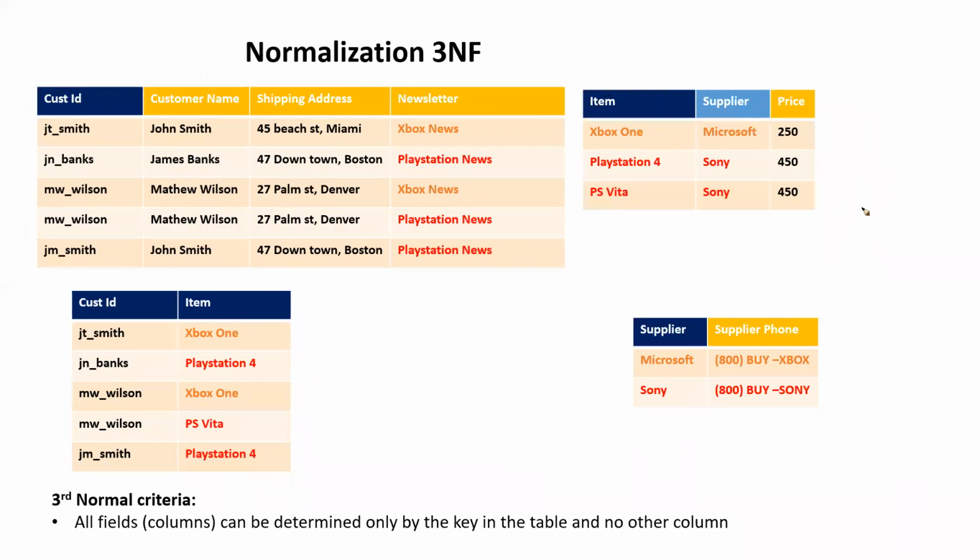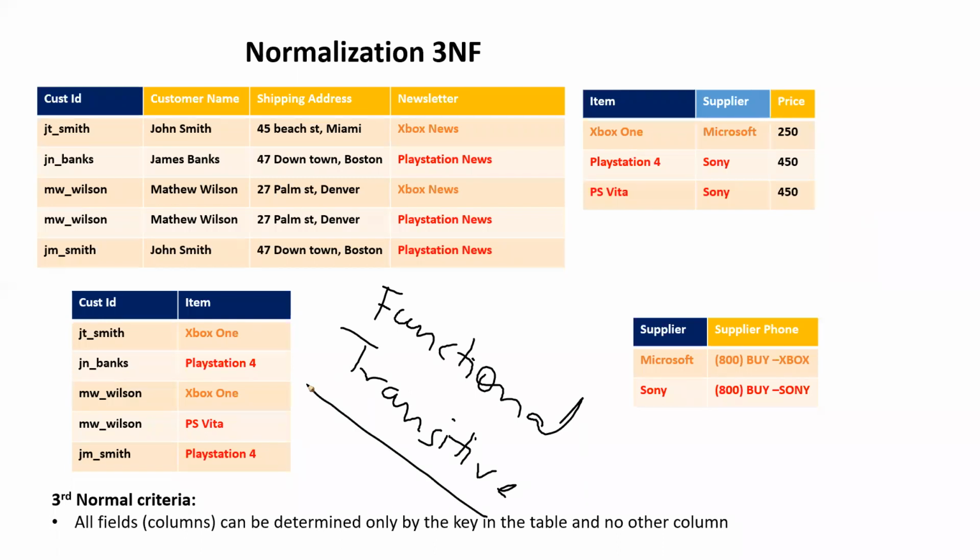So now this particular table is in the third normal form, where I don't have any functional dependency, which I removed in the two normal form, and I don't have any transitive dependency. I removed that as well.